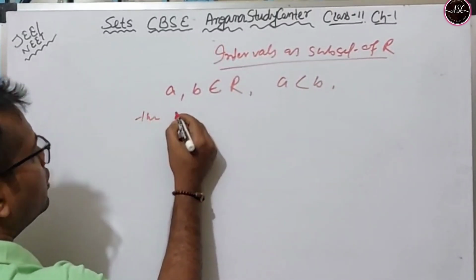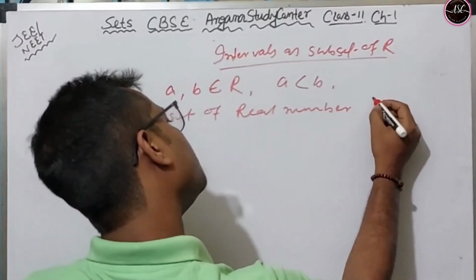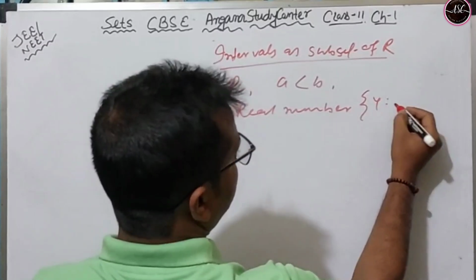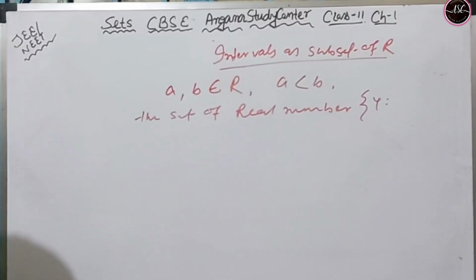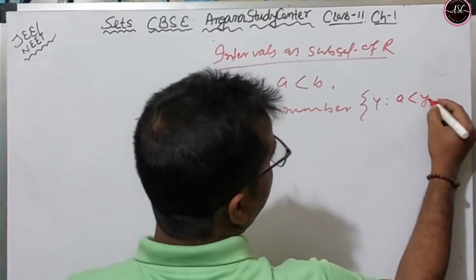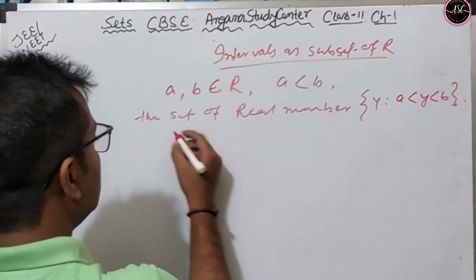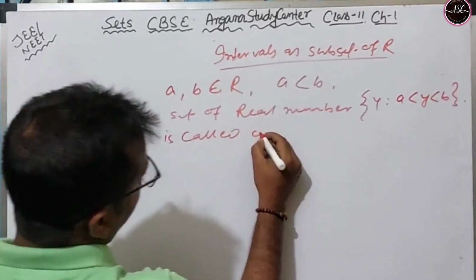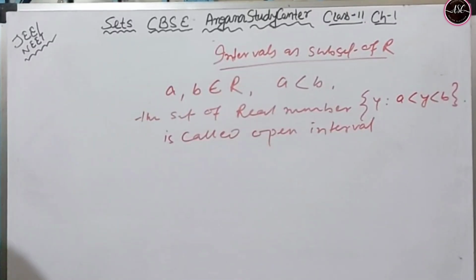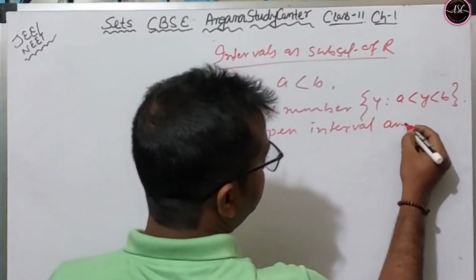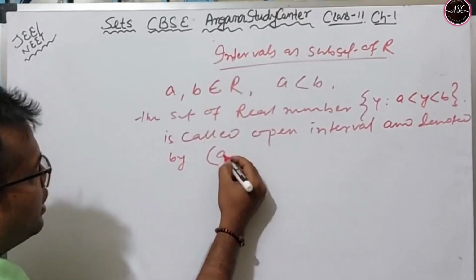Then the set of real numbers which can be expressed as y such that a less than y less than b is called an open interval, and denoted within first brackets (a, b).